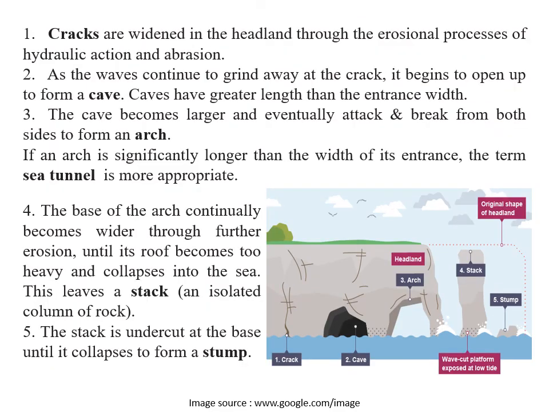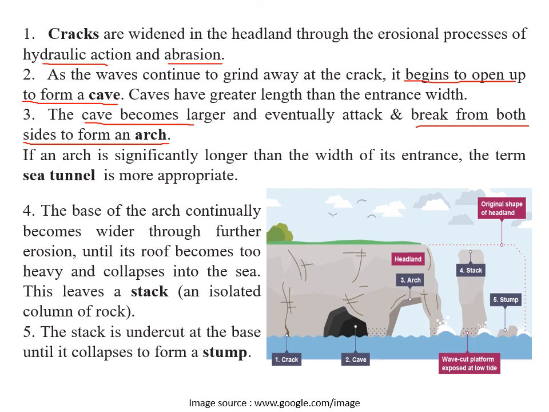So these are the processes. First, any cracks in the headland areas, through the erosional processes, particularly hydraulic action and abrasion, which are the dominant processes, are accentuated and begin to open up to form a cave. The cave becomes larger with time and breaks through from both sides to make a passageway within the headland.